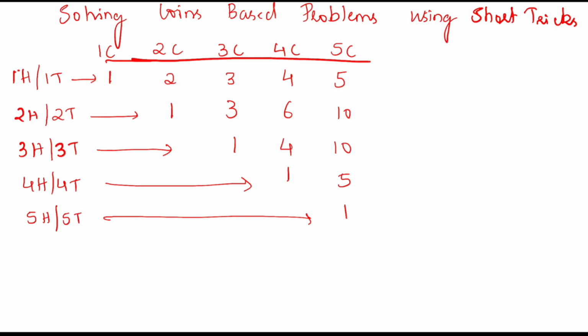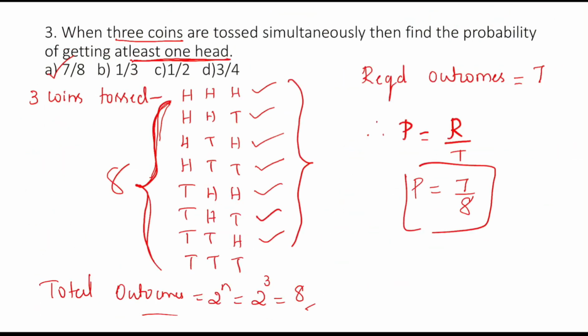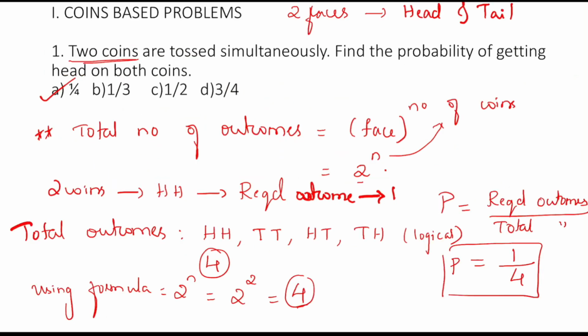Those previous problems that we solved, we will solve again using this table. So what was the first problem? 2 coins are tossed simultaneously. Find the probability of getting head on both coins. So 2 coins are tossed and we should get head on both the coins.